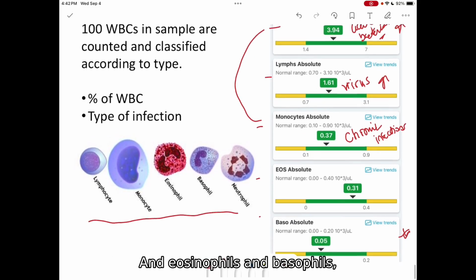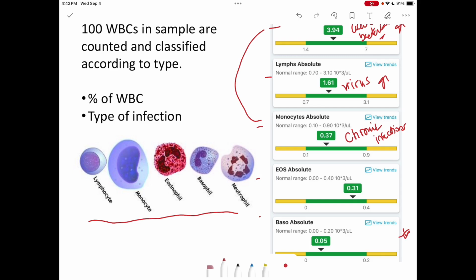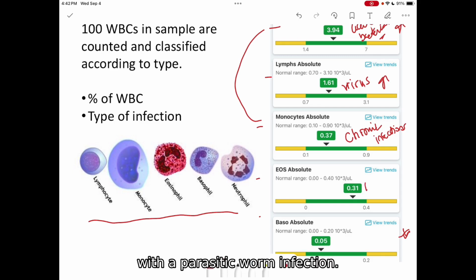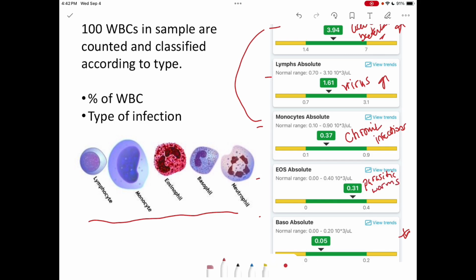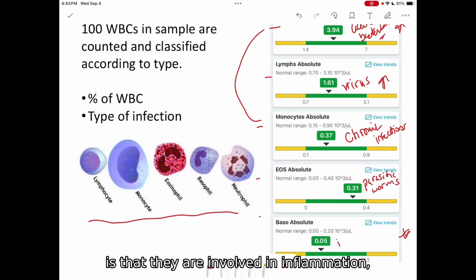And eosinophils and basophils, they can both be seen with some different types of autoimmune and allergies, but eosinophils for sure are always going to go up with a parasitic worm infection. And basophils, what I wanted you to remember is that they are involved in inflammation.